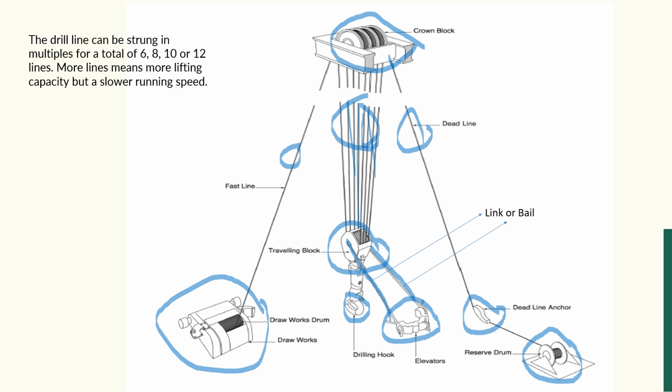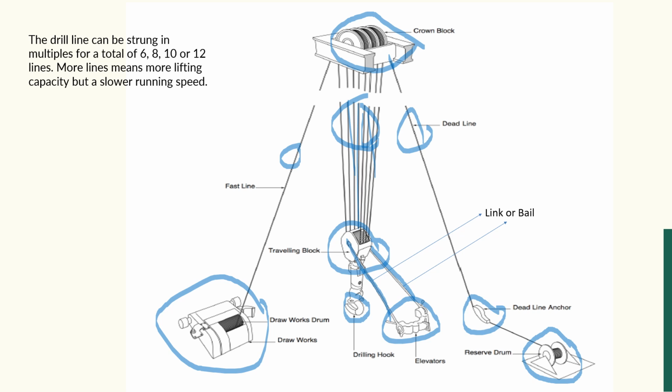Okay, so at the time of slip and cut operation, what happens actually, the new line is taken from the storage reel. And one more thing, before that I want to tell you that the line which is coming from the sheave of the crown block to the dead anchor is clamped there for safety reasons because the tension is required.